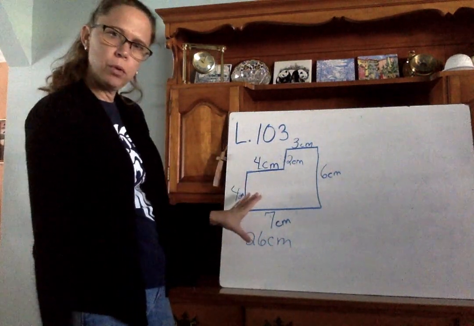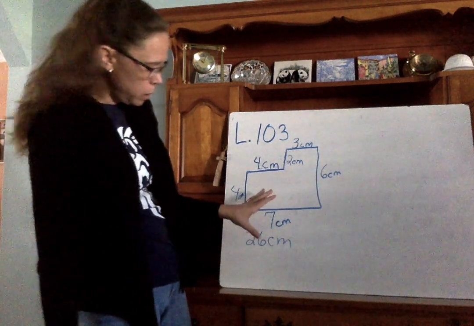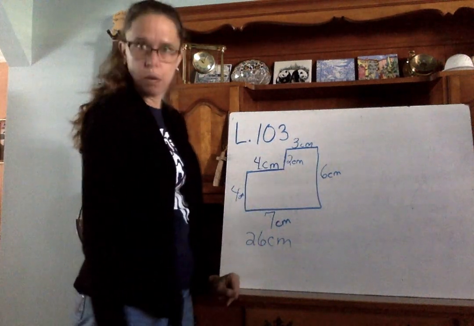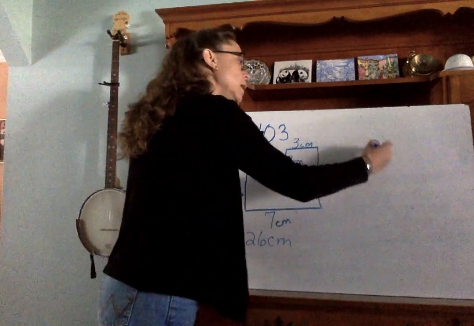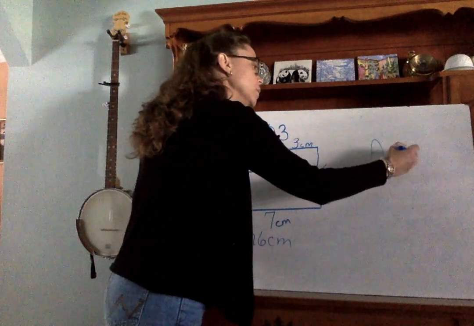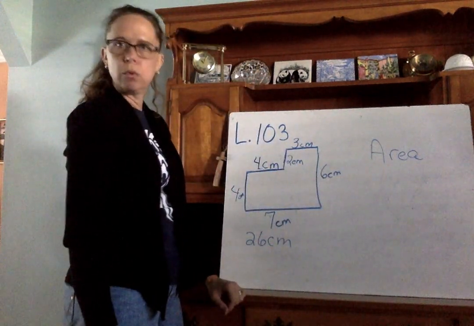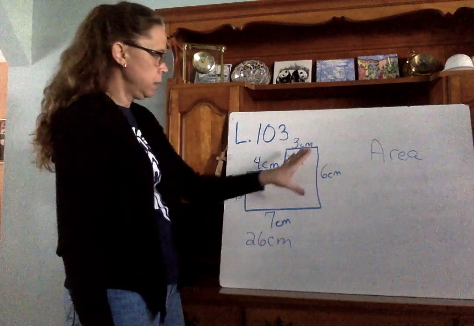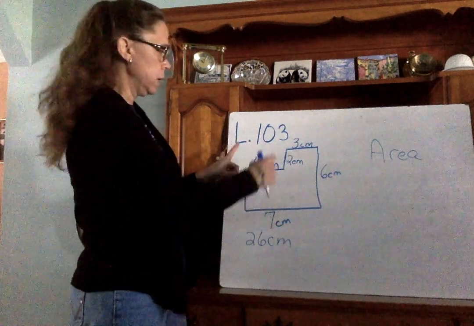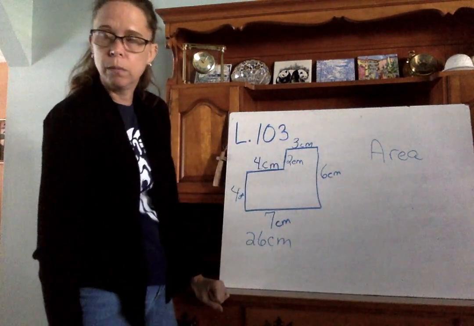So this is lesson 103, perimeter of complex figures. Lesson 107 is area of complex figures. Now, if we were just dealing with a regular old rectangle, I would just say length times width to get the area, right? But this is not just a regular old rectangle. I have a chunk missing, so we have to separate this into 2 figures.